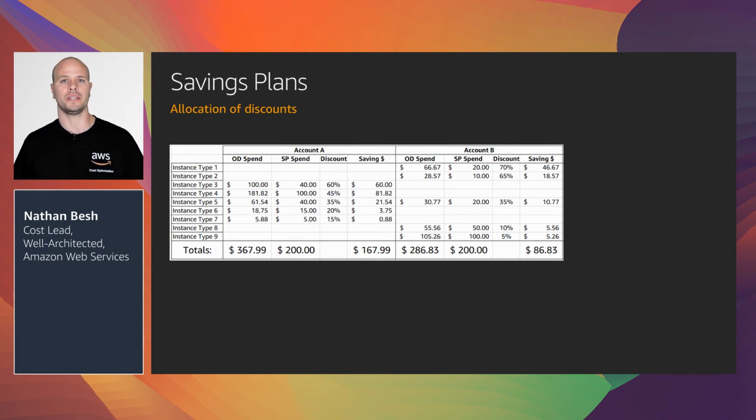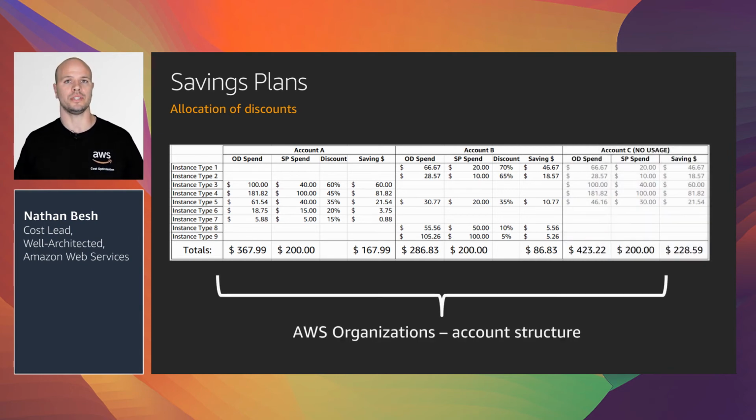What's important is when the discounts are applied, a savings plan is applied in the account that it's purchased, it exhausts in that account and then goes to all of your other accounts. So the best way to purchase a savings plan is to use AWS Organizations and purchase the savings plan in an account with no usage, no resources, such as the master or payer account, or a separate dedicated account that is only for purchasing savings plans.